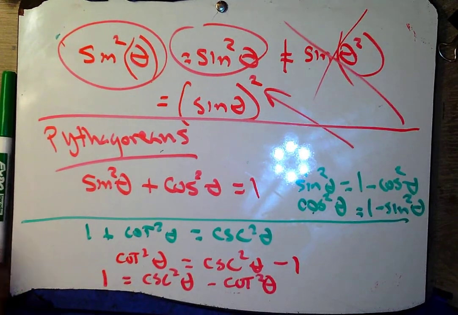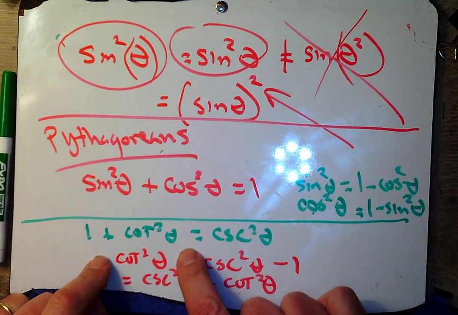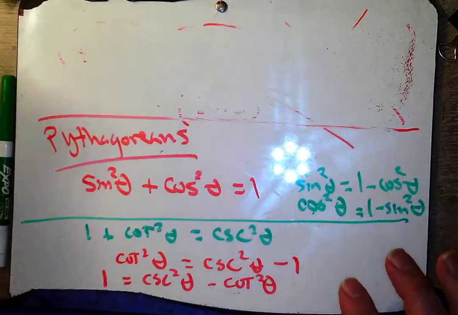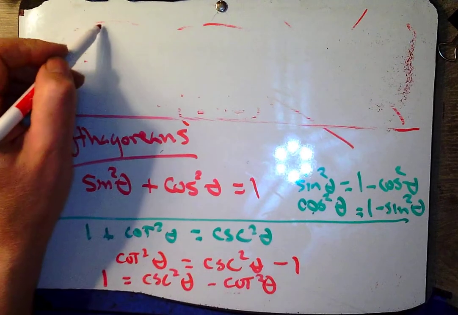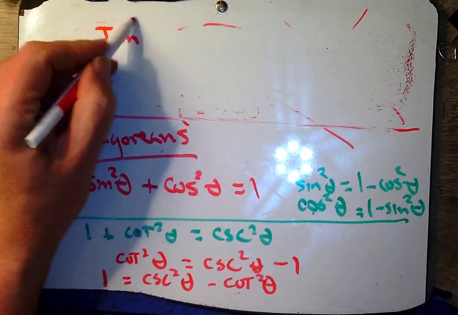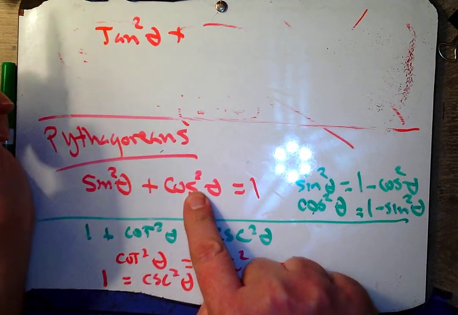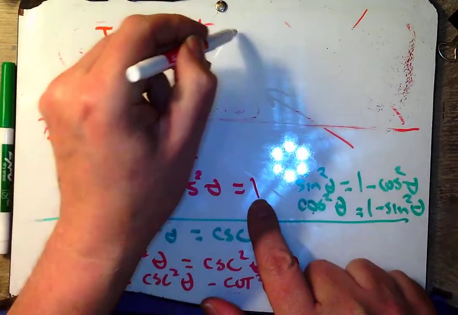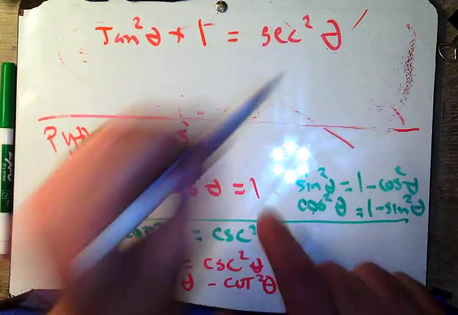Okay? But what if we took this and instead of dividing everything by sine squared, we divided everything here by cosine squared? Okay, so what's that going to look like? Sine squared divided by cosine squared is tangent squared, plus cosine squared divided by cosine squared is 1, and 1 divided by cosine squared is secant squared.